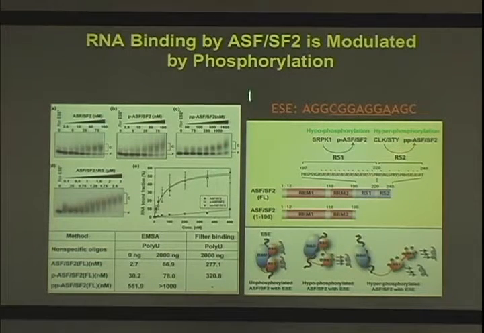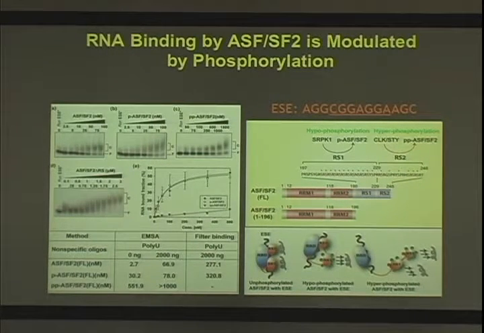So we did both this MSA and filter binding, and in the filter binding, again, it's very clear that hyperphosphorylated, fully phosphorylated ASF binds RNA very poorly. But unphosphorylated and hypophosphorylated bind very strongly. The only difference is that unphosphorylated ASF binds RNA also non-specifically.